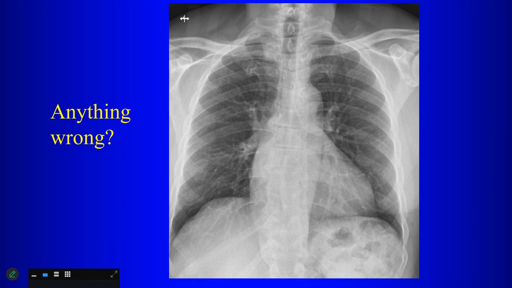Is it right paraspinal? Where's the right paraspinal line? So, what line is this? Aortic. That's the aorta, right? This guy here is, posterior. What line is this?